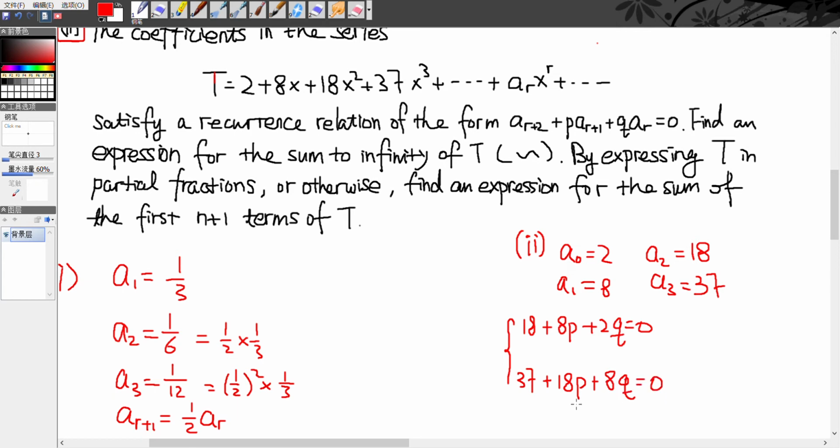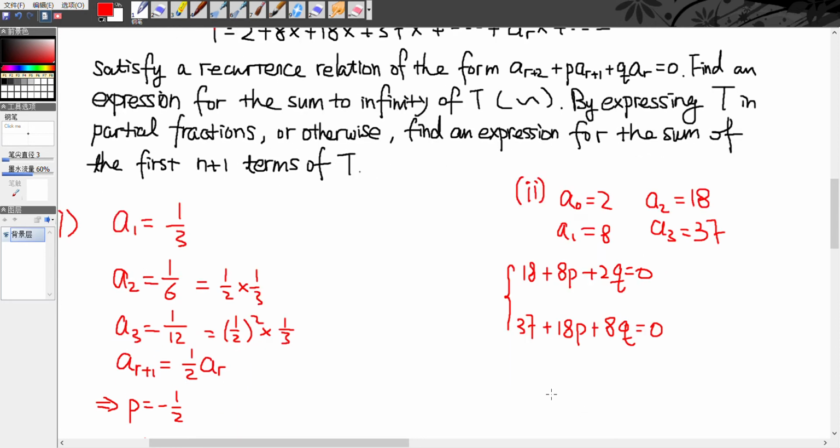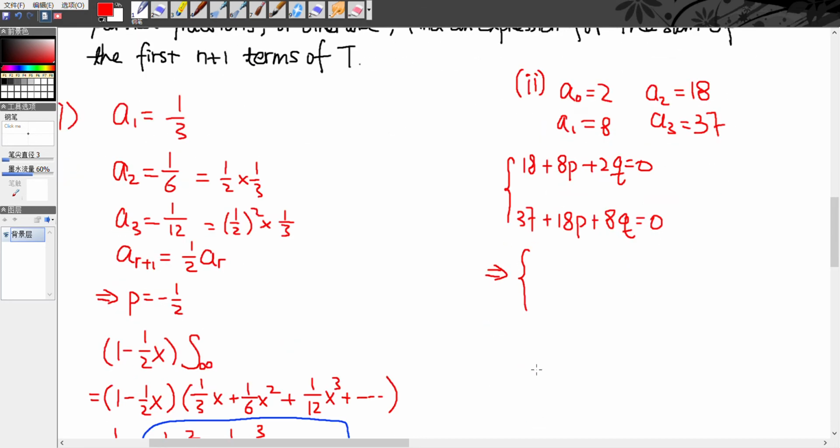And I'm too lazy to work out those simultaneous equations now, and I believe it is not the point that this video is emphasizing. So I will just give the values of p and q, which are p equals -5/2 and q equals 1.